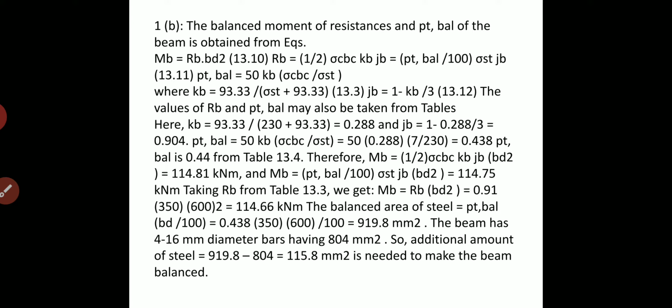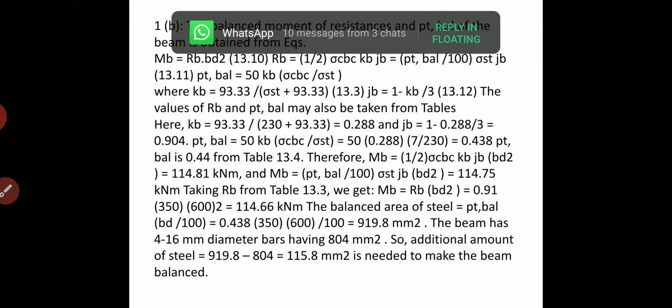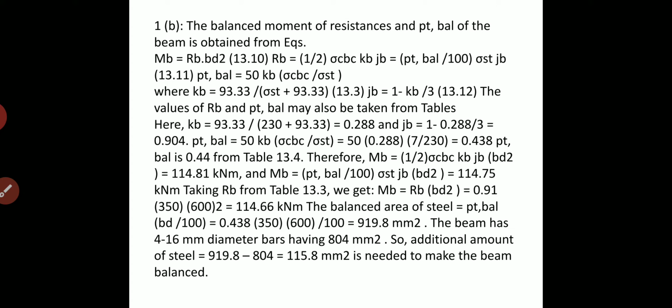Here KB is 93.33 divided by 230 plus 93.33, which is 0.288, and JB is 1 minus 0.288 by 3, which is equal to 0.904. PT balance equal to 50 KB sigma CBC upon sigma ST. After solving these values, PT balance equal to 0.438.